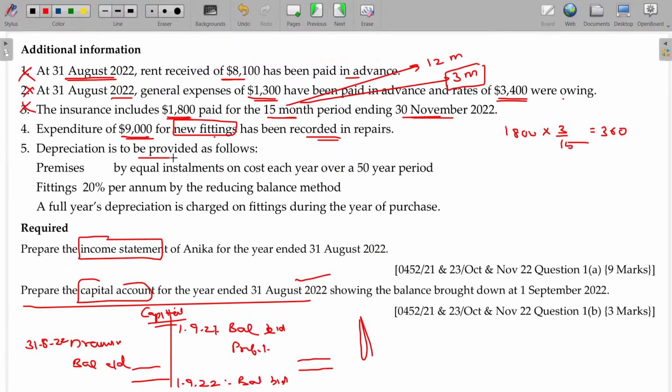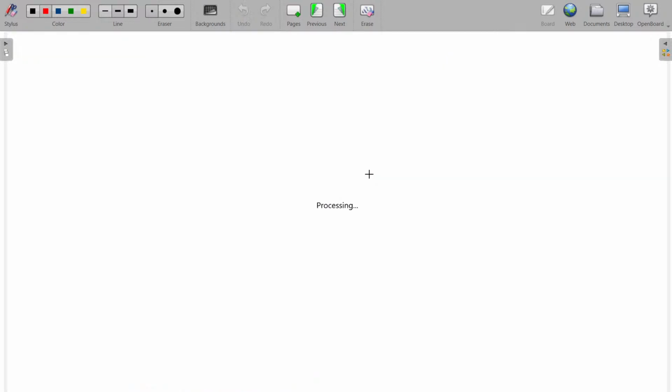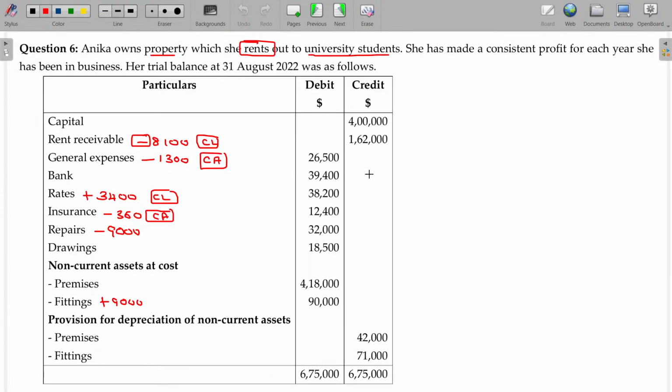And depreciation is to be provided as follows: premises by equal installments at cost, SLM method, each year over 50 years. Okay. So premises should be depreciated over 50 years. Depreciation should be subtracted in the asset.